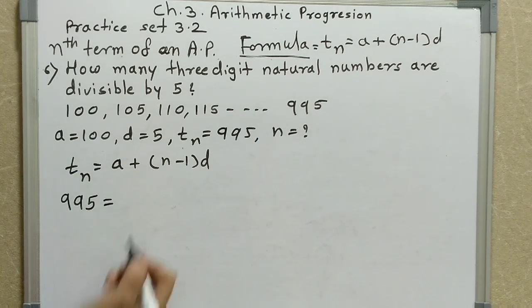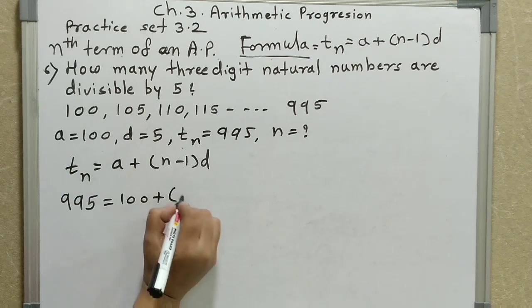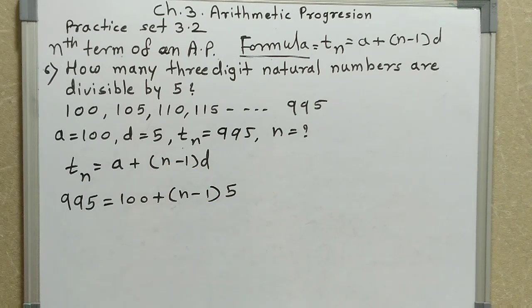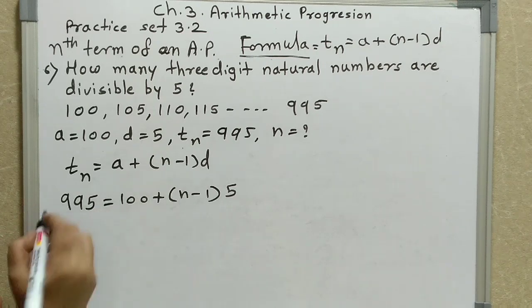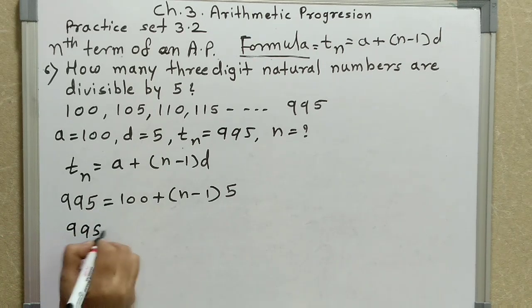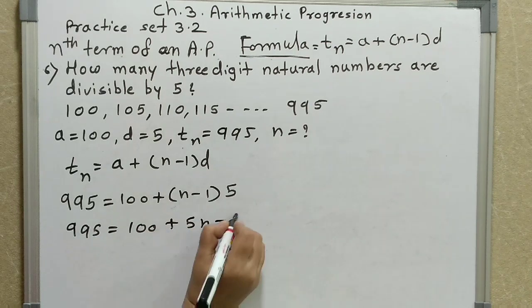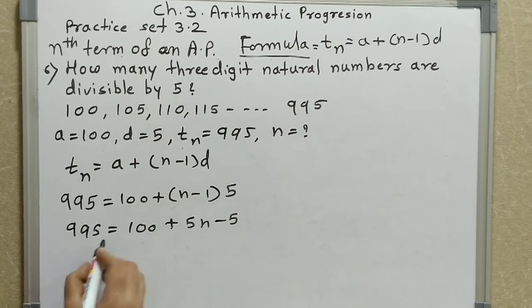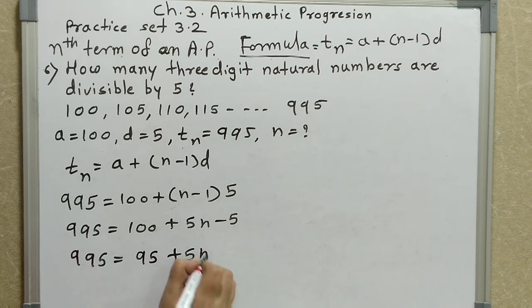Substitute the values here: 995, first term A is 100, plus n we find out, and common difference D is 5. Now we calculate: 995 equals 100 plus, open the bracket, 5n minus 5. Now 100 minus 5 is 95, plus 5n.